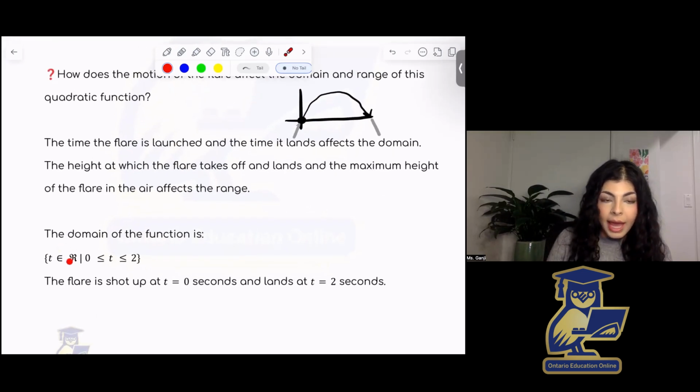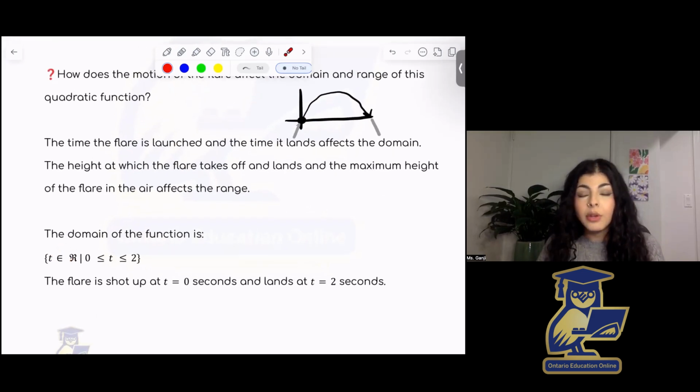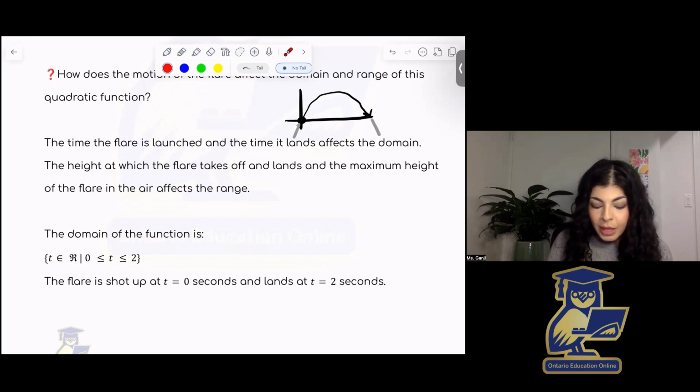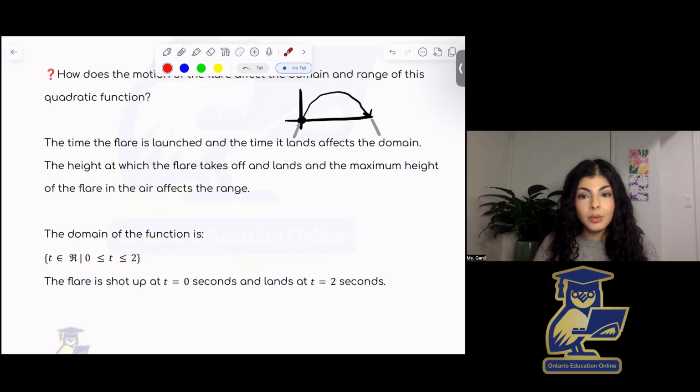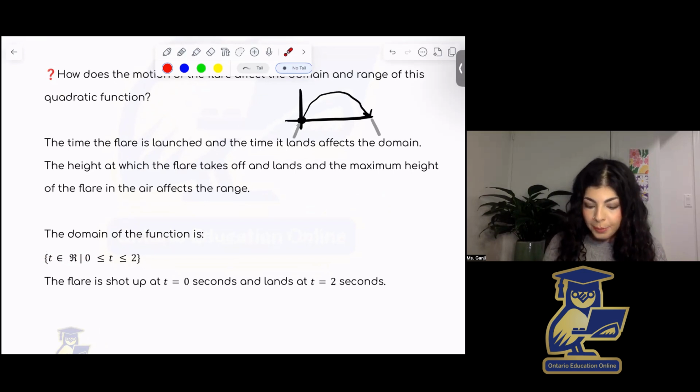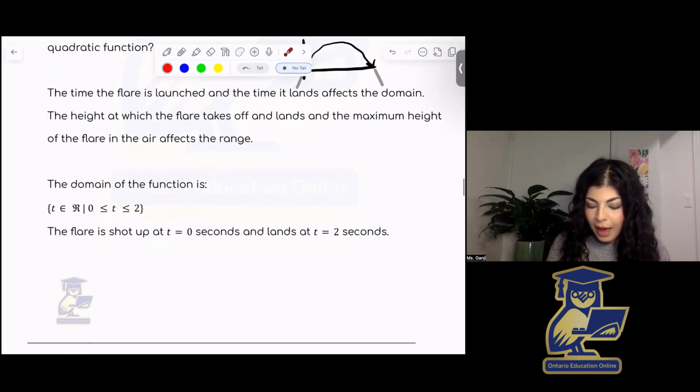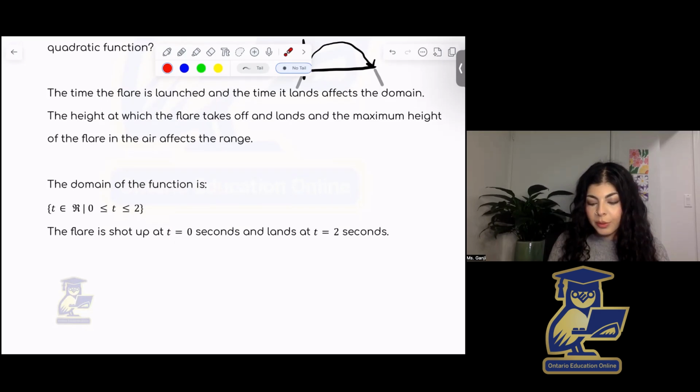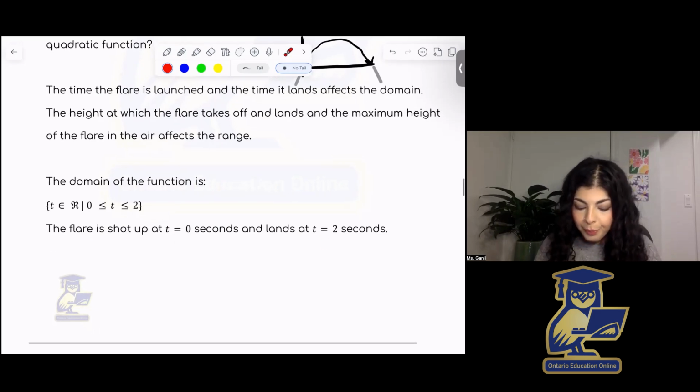In this example, I've already provided the domain for you. Because we're using t, you're going to switch to t. We're not using x because our problem uses t. So t is in the set of real numbers with the restriction that we are only considering t between 0 and 2, because that's the time where my flare is in the air, and the equal is when it lands. That's when we have t equals 0 and t equals 2.